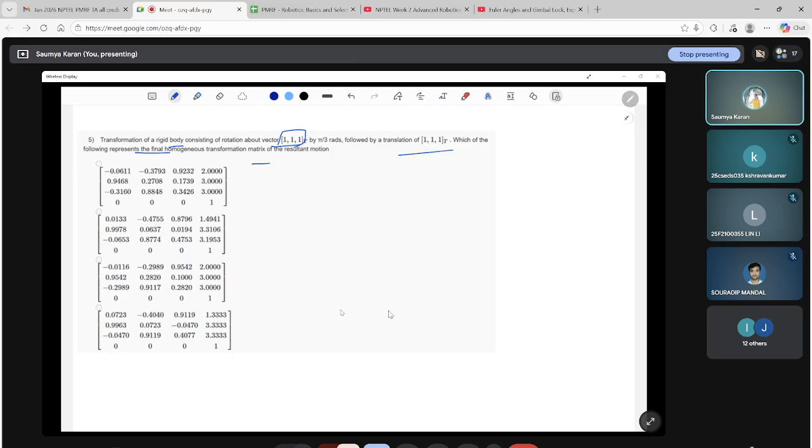This is the question. First of all, how do you define the complete homogeneous transformation? Does it only have a rotation term or something else? Have you read about it? If I want to write a transformation matrix, what terms does it consist of?